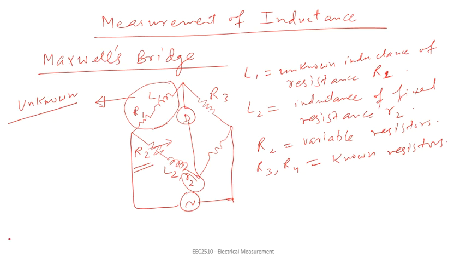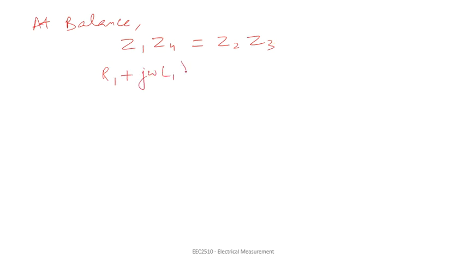We have just seen in the previous slide the balance conditions in case of an AC bridge. So let me write down here: at balance, Z1 Z4 should be equal to Z2 Z3. The impedance of the Z1 branch can be written as R1 plus j omega L1.